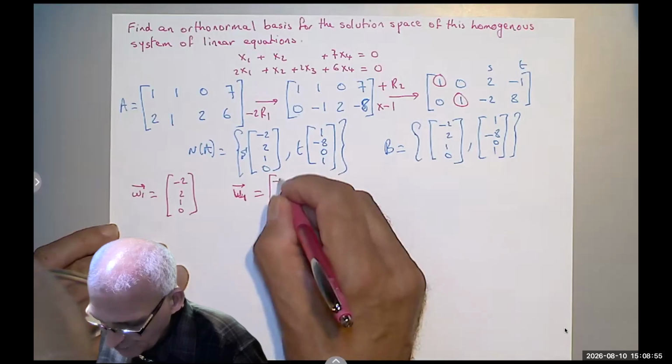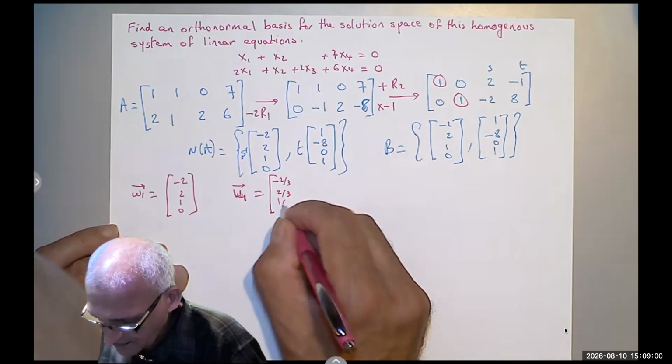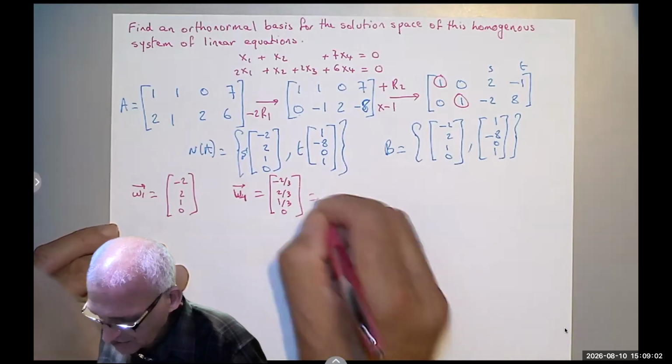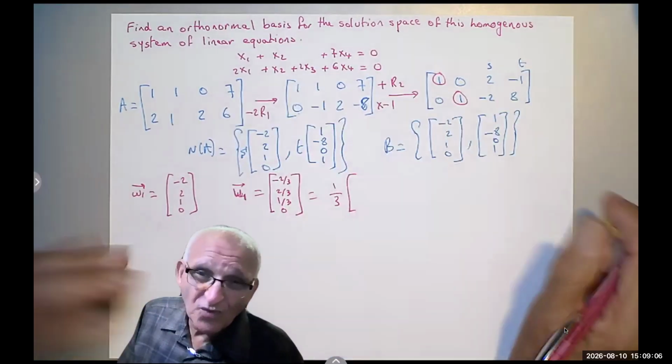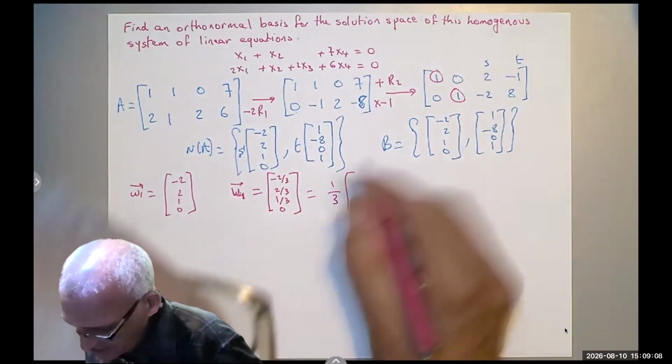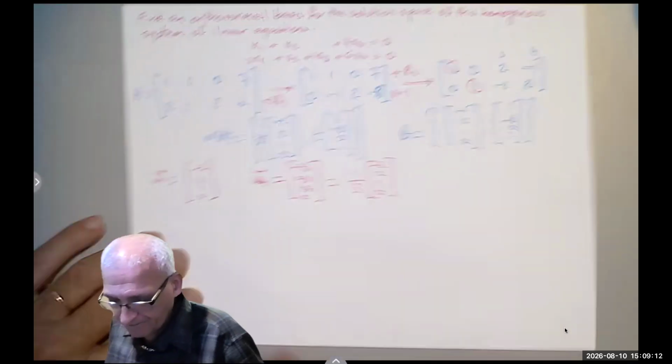So it's -2/3, 2/3, 1/3, and 0, which can also be written, if you don't want fractions inside, as -2, 2, 1, 0 over 3.